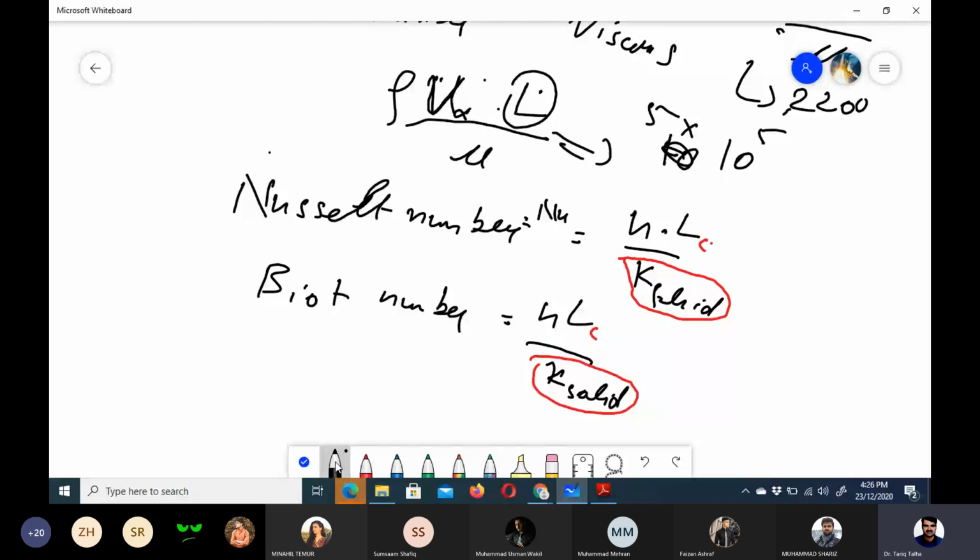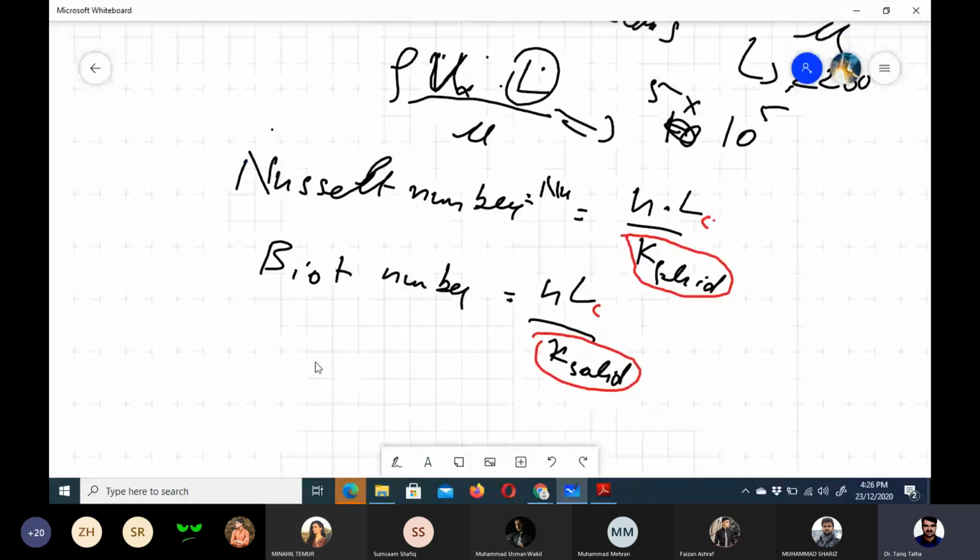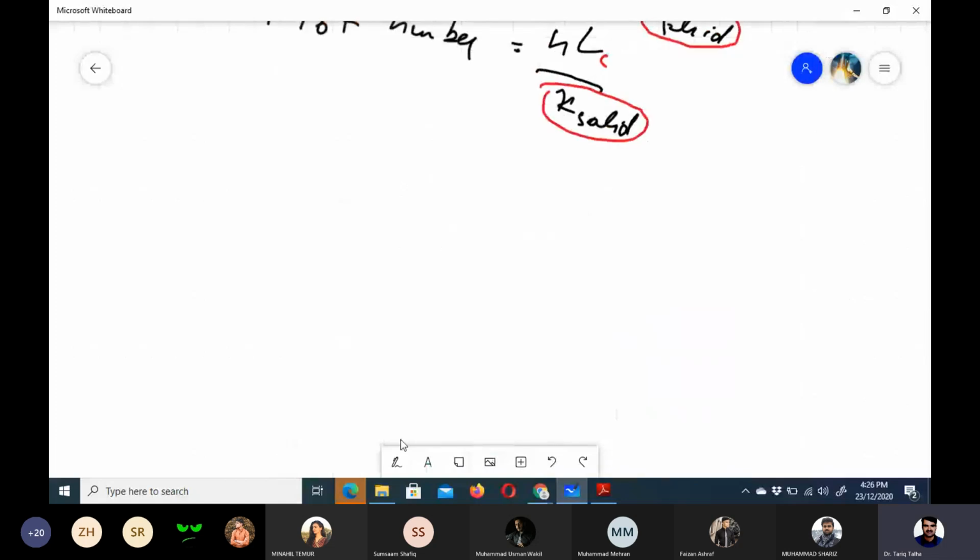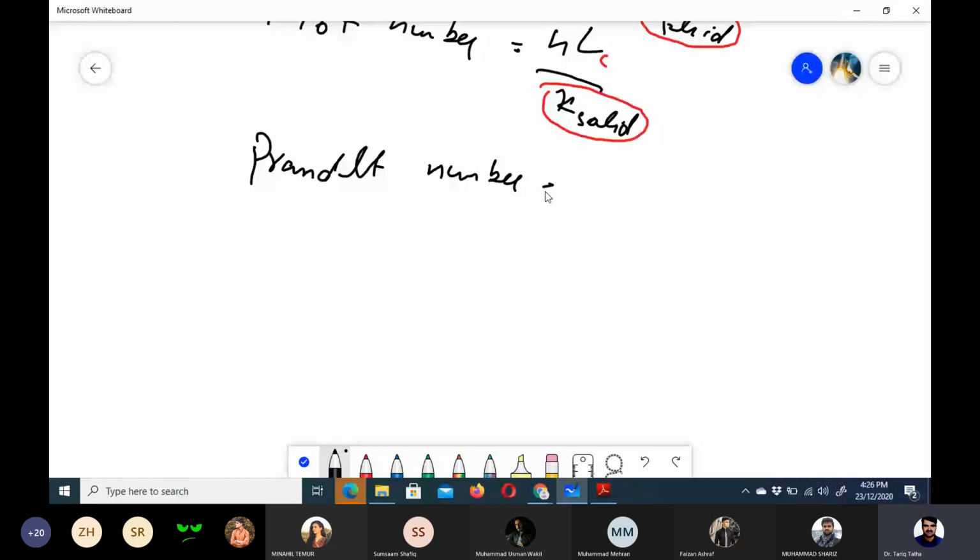Okay? And the last variable which I wanted to tell in today's class is the Prandtl number, which is represented by Pr, and it is basically ν upon α.